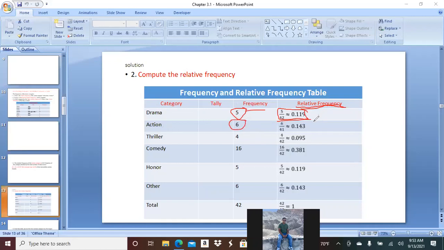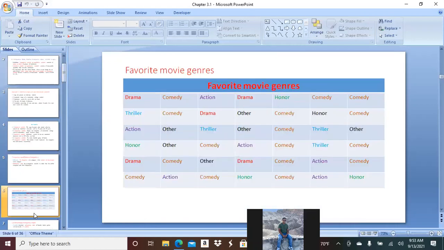I was asking what is the tally? Looks like it's the same as frequency. Oh, tally, yeah, tally is frequency. If you count the Comedy, we have 5, right? This is frequency. The tally is if you count, and that is the frequency.